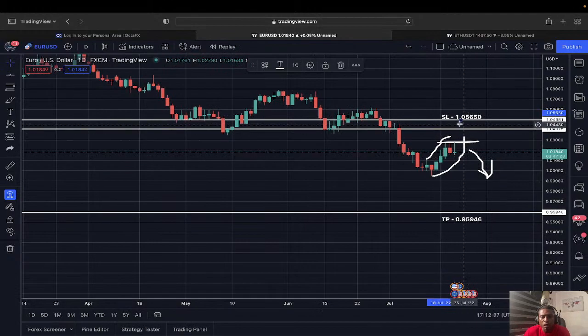This shows that you factored in risk management. It's important to factor in risk management, because that's very important in trading.